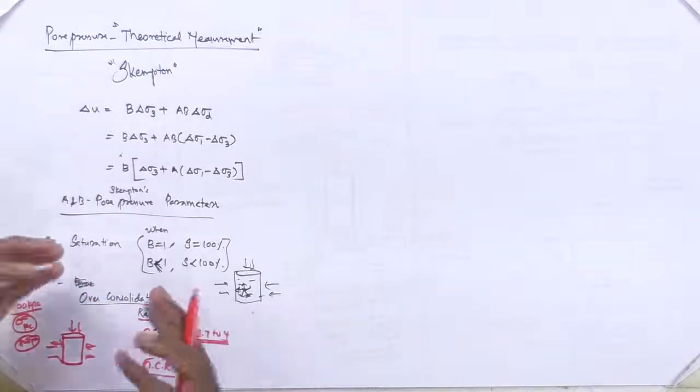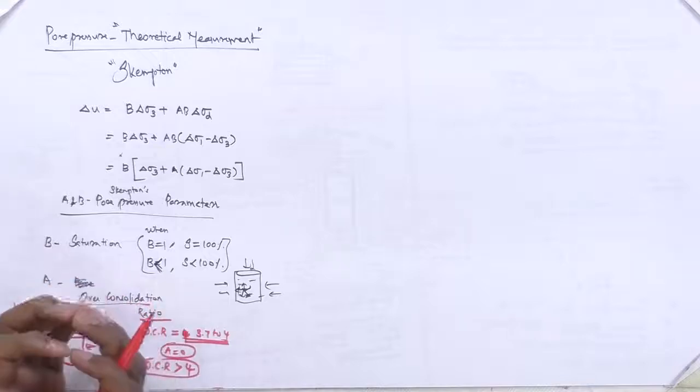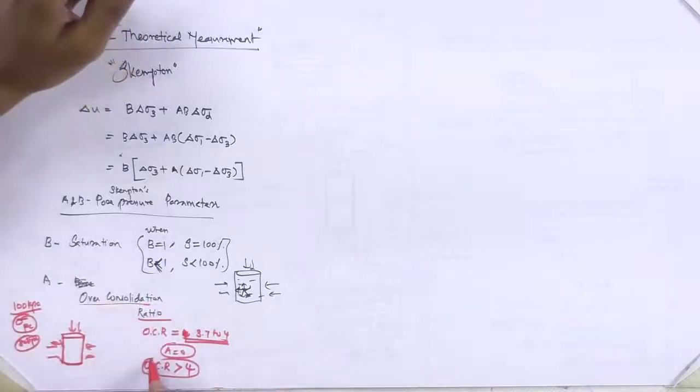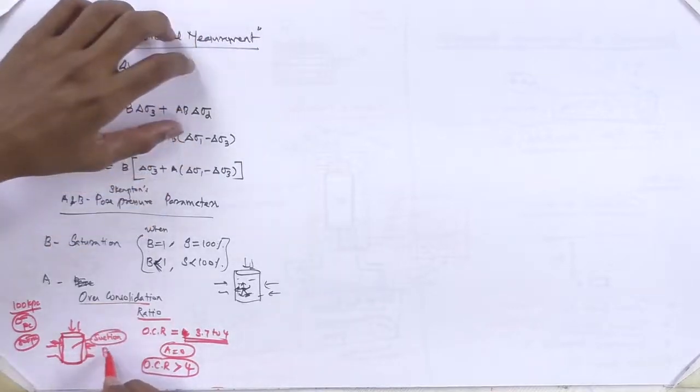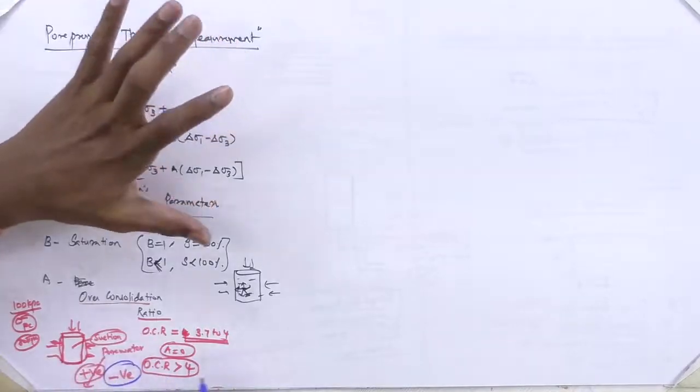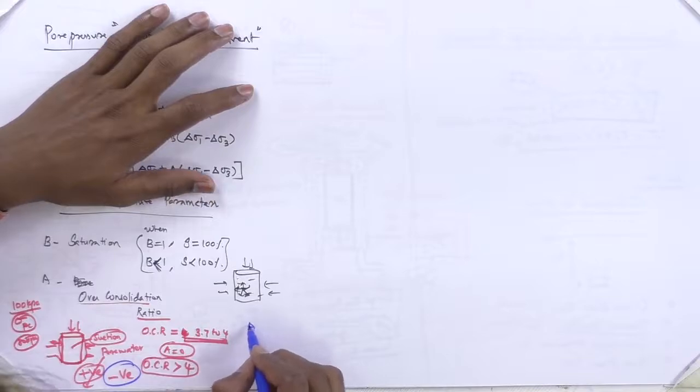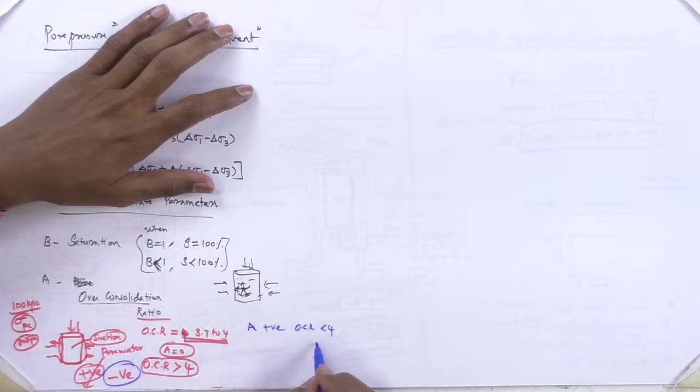If you apply more load, it won't compress; instead the volume is going to increase. Because of this volume increase, there will be suction. Wherever suction takes place, pore water pressure will not be positive, it is going to be negative. So greater than 4, it is going to be negative. So the A value is positive when OCR is less than 4, it is 0 at 4, and it is negative when greater than 4.